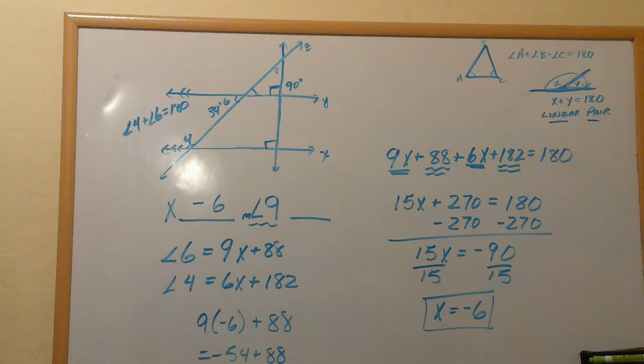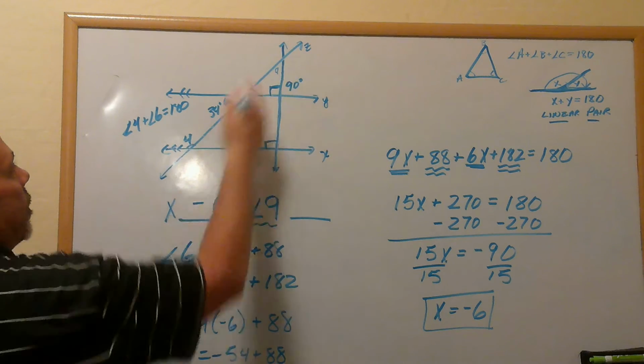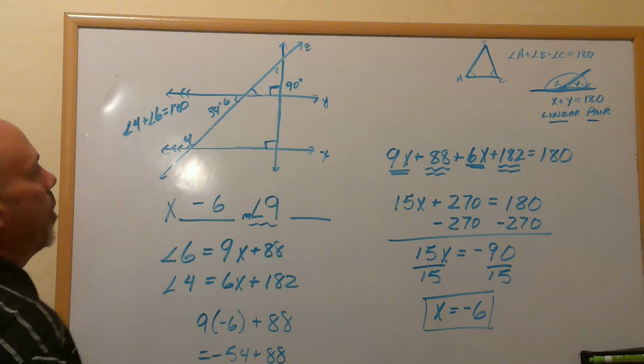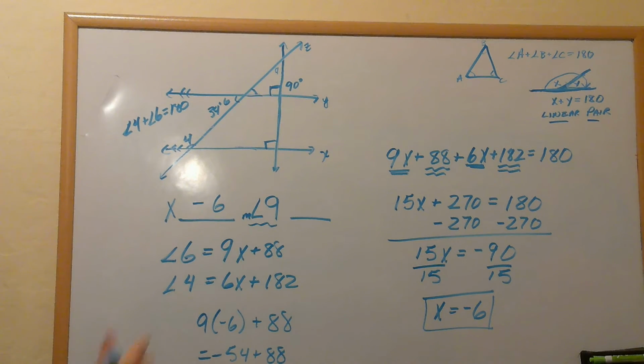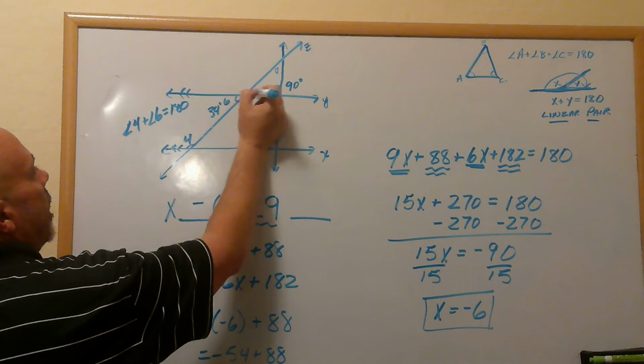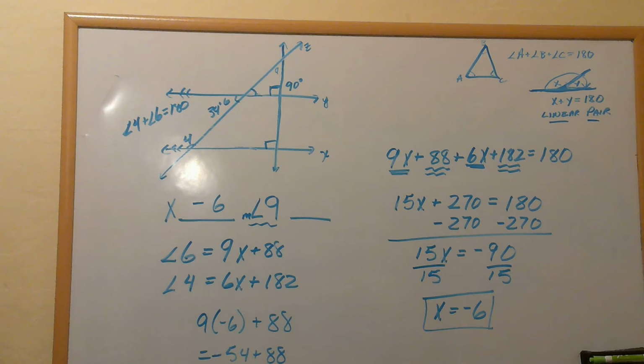Now I'm going to take a look at the angle relationships that are created by transversal z and parallel lines x and y. And I can see that these two angles right here are what we call vertical angles, right? Opposite of the intersection, separated by at least one angle. In other words, a non-adjacent angle.